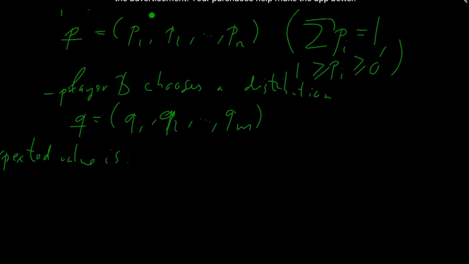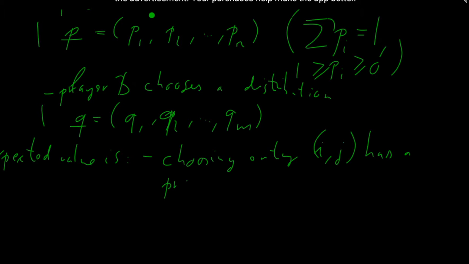it's just because they are picking these independently. This means that choosing the entry ij has a probability of Pi times Qj, because in order to pick this particular entry, player A has to pick the ith row and player B has to pick the jth column.